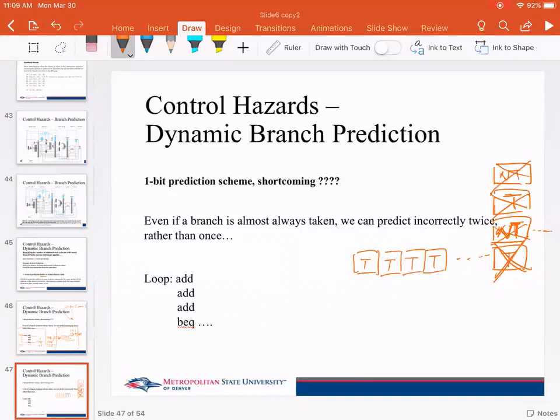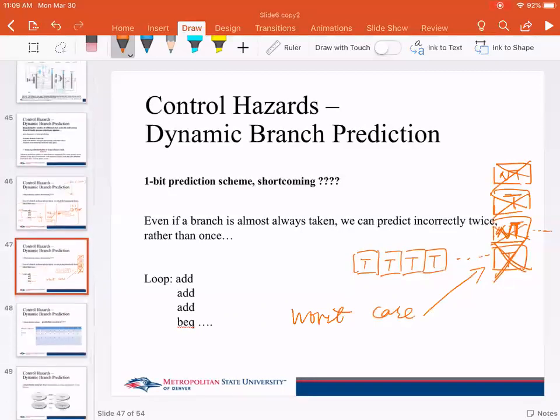If you keep doing that, the worst case is you keep updating your buffer and never get a correct prediction. Of course, we don't want that to happen, but it could happen. Like if you're doing an if-else condition, and the input keeps changing all the time, then you switch your prediction back and forth and never get the correct result.